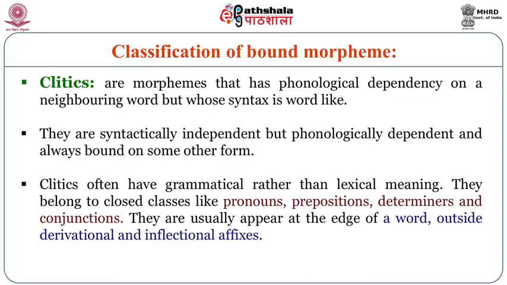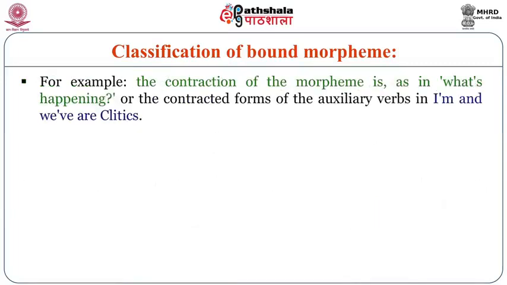They usually appear at the edge of a word outside derivational and inflectional affixes. For example, the contraction of the morpheme is as in what's happening, or the contracted forms of the auxiliary verbs in I'm and we've are clitics.